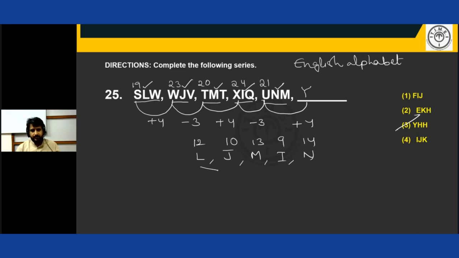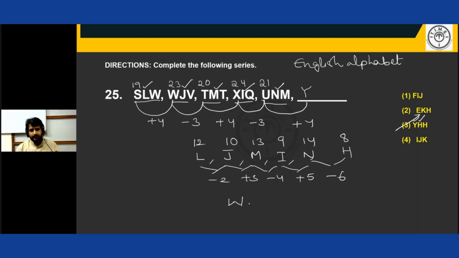Let's check the logic. Minus 2, plus 3, minus 4, plus 5. Applying the same logic, what should be next? Minus 6. 14 minus 6 is 8, which is H. So YH perfectly matching.